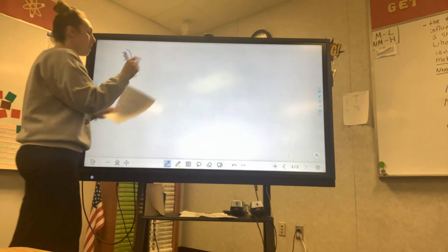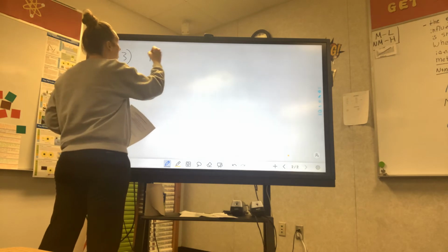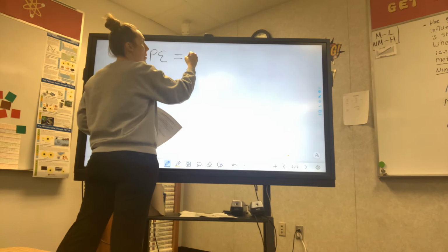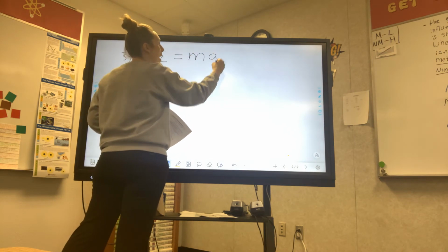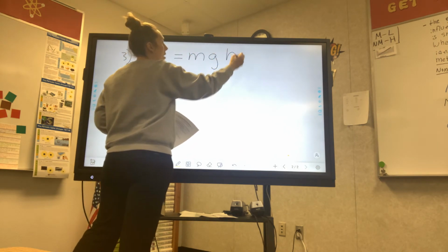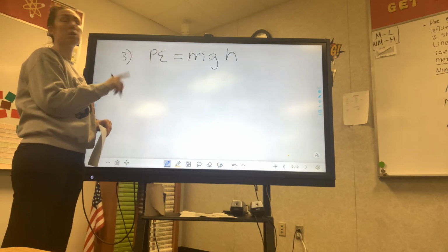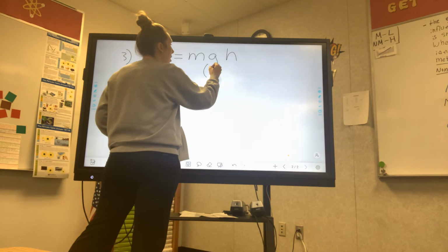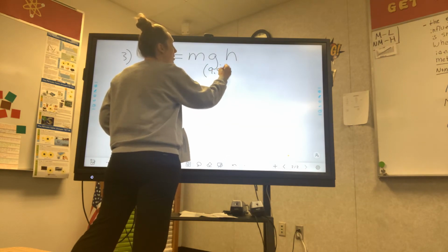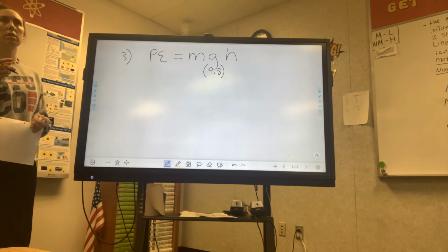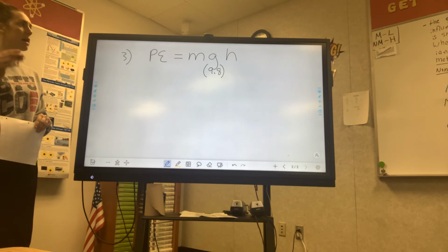First off, they already said it's potential, so this is the formula I'm going to use: mass times gravity times height. Now, which one do we already know because it's a constant? Gravity. It's always 9.8. It's all right if you leave out the units when you're doing the math so you don't get confused, as long as you add them at the end.